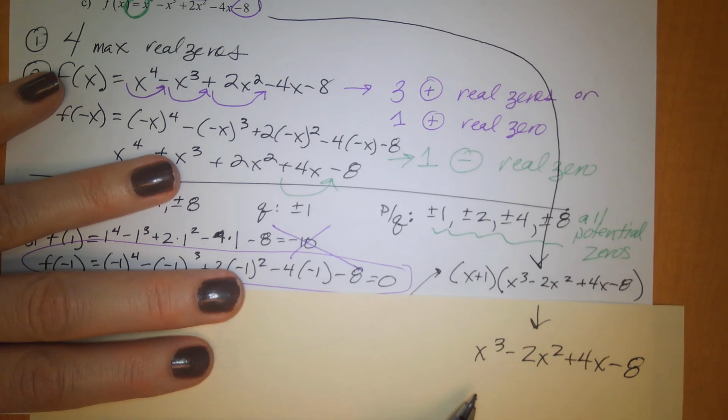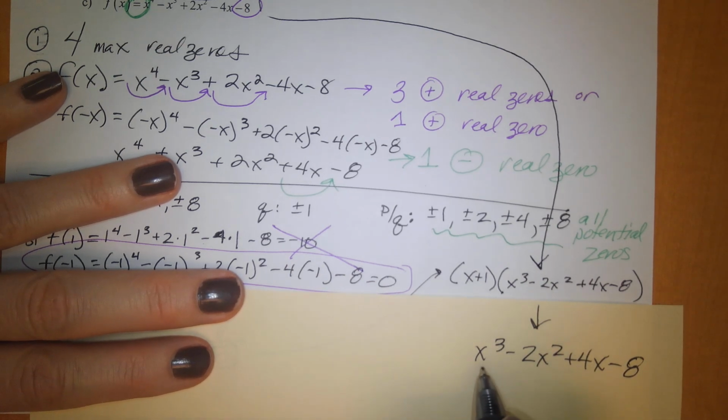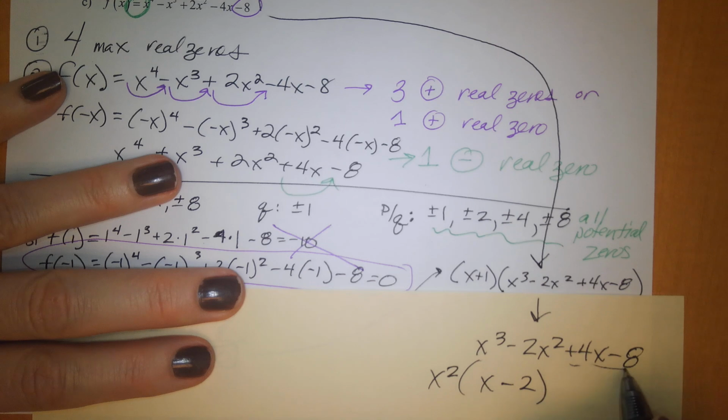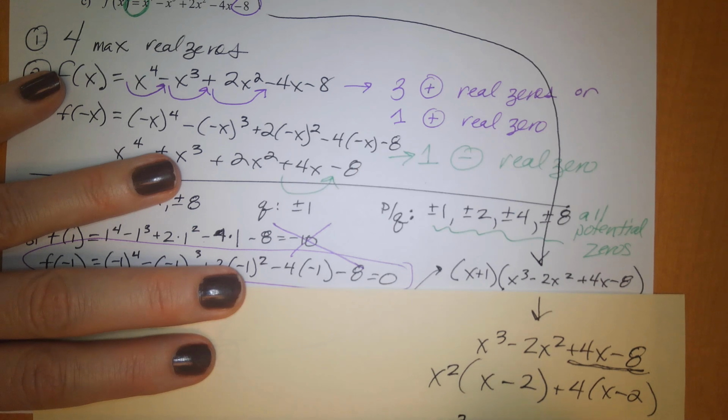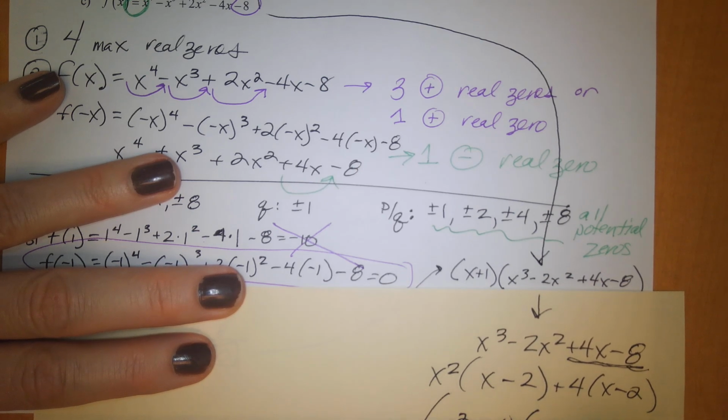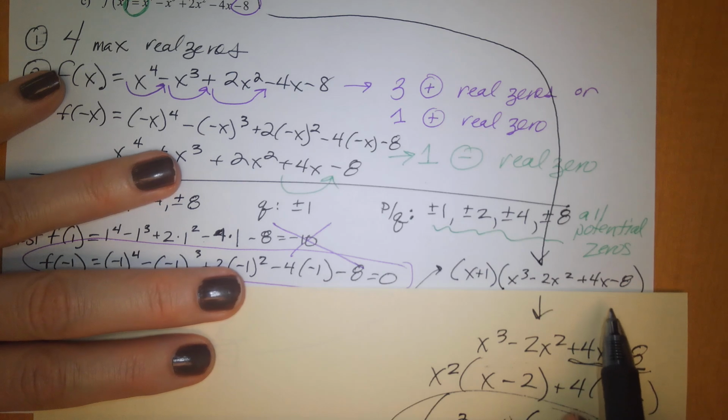Let's at least try to group. So if I took out an x squared, I'm left with x minus 2. If I took out a 4 from these two terms, I'm left with x minus 2. Oh, wait, I can group these. X squared plus 4 times x minus 2. So this is the factored form of this guy right here.